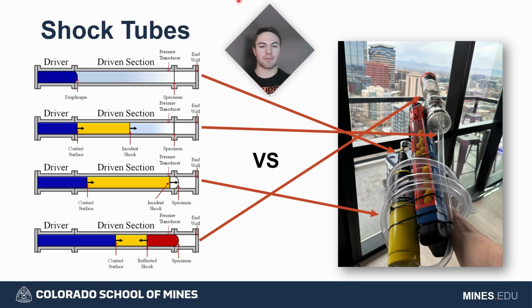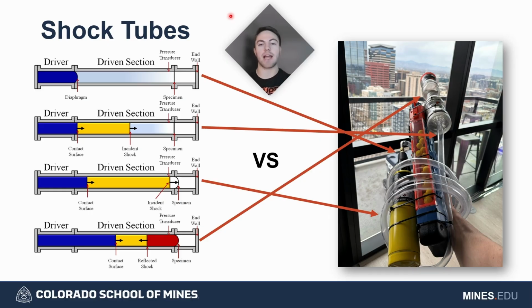Okay, quick recap of how the demonstration was functioning and how we're going to analyze it as a shock tube. Shock tubes are a very standard piece of equipment in combustion and general engineering practices when it comes to doing any kinetics work or any reaction rate work with combustibles.